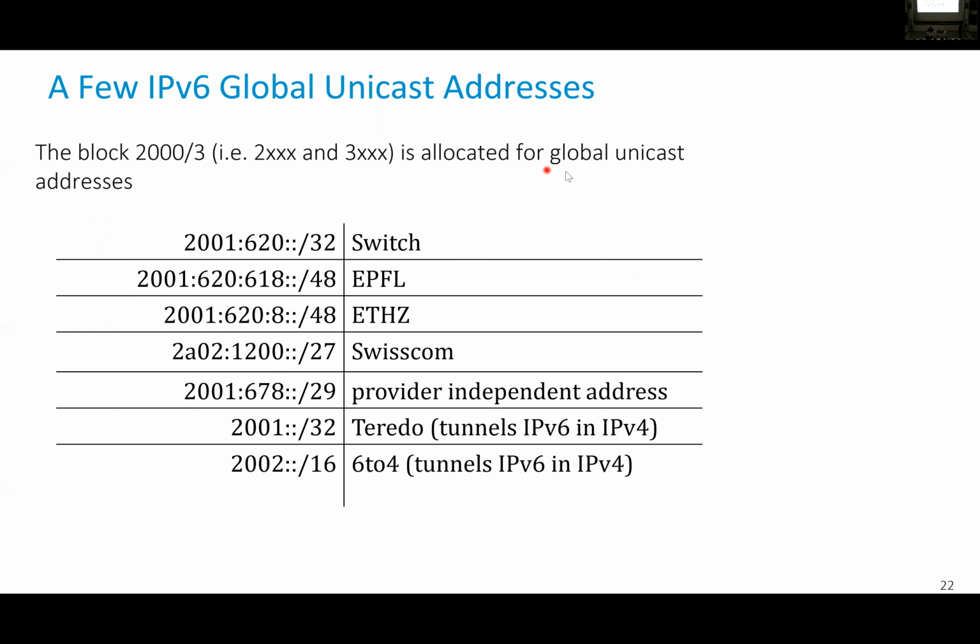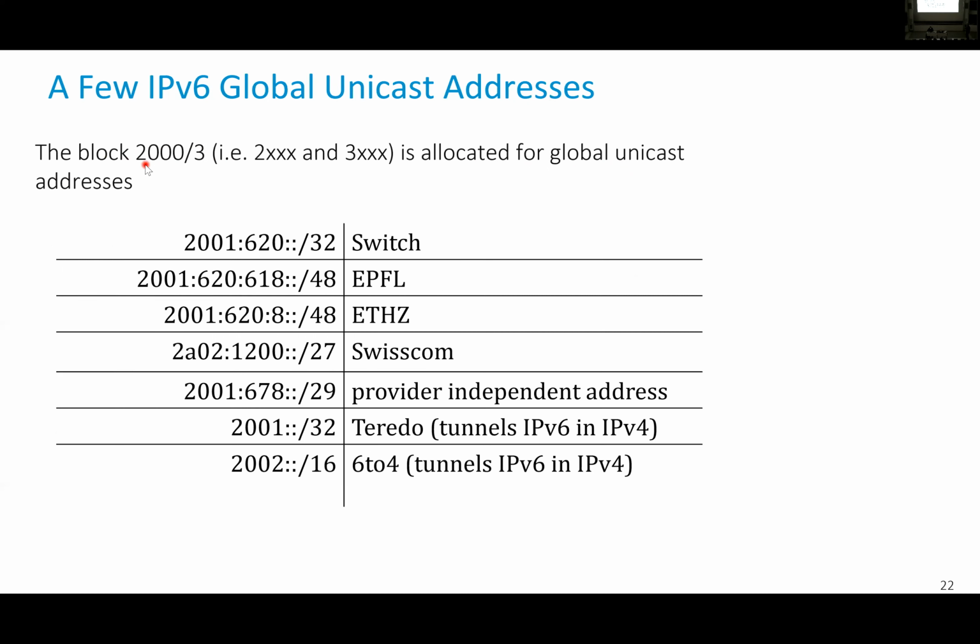The currently allocated so-called global unicast addresses are the block 2000::/3. So 3 means 3 bits, not hexadecimal digits, 3 bits. That means anything that starts with the same 3 bits as this string. The first hexadecimal digit is 2, which has 4 bits.